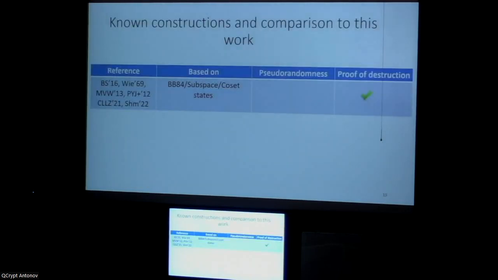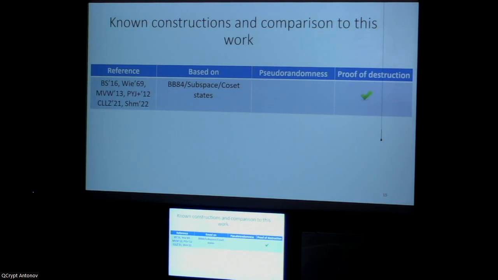And this has been studied in the literature for various quantum cryptographic primitives, from classically verifiable quantum money to tokens for digital signatures or tokens for MAC. So all these constructions that we have for such primitives do satisfy proof of destruction, but they're based on BB84 or subspace states, or what we call coset states.